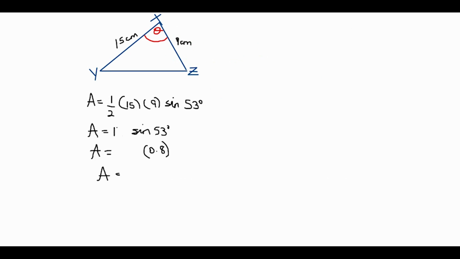135 by a half, which would give me 67.5, right? And then 67.5 by 0.8. Yeah, 67.5 by 0.8.